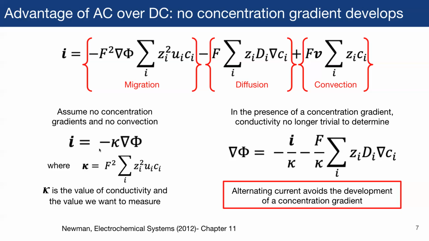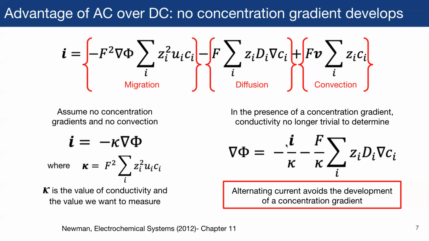If we actually have a concentration gradient, which we would get if we were to do a direct current measurement, because we would force migration of certain species to one side and develop concentration gradients across our sample, then we have to include our second term, our diffusion term, in the response.